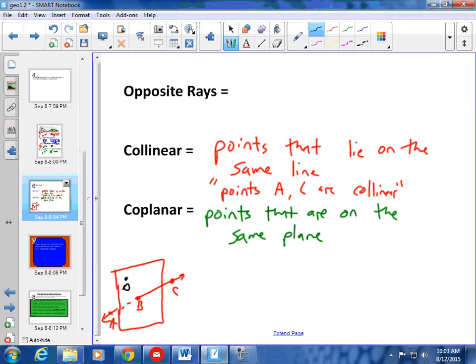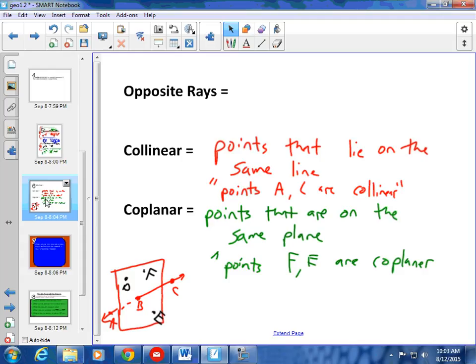D, E, F. So our example could be that points F and E are coplanar. They're on the same plane. They're together on that plane. All right. And that is coplanar. So we're going to do more examples with that. So this could be points or lines. I want to add that to there. So points or lines that are on the same plane.